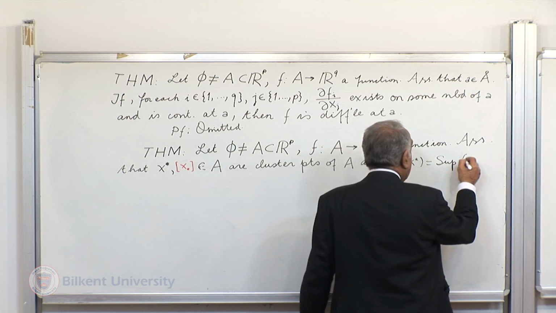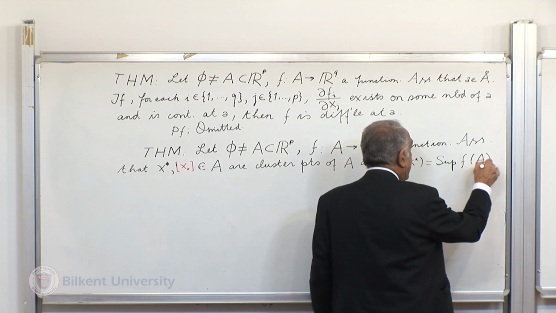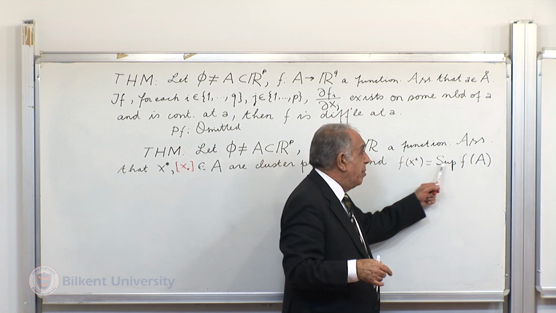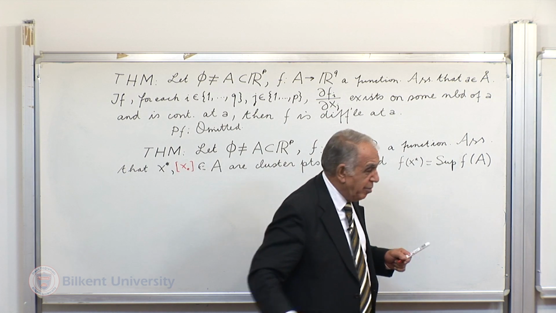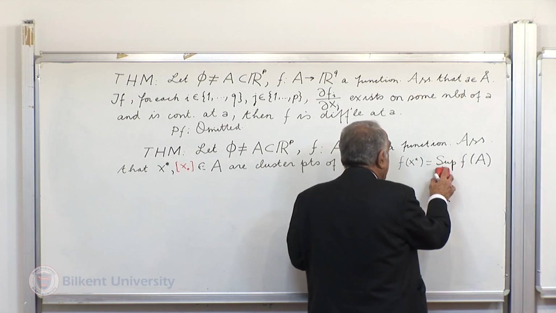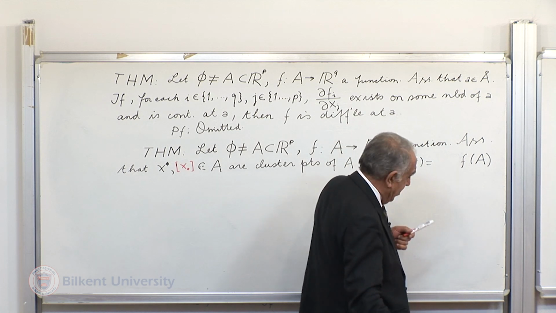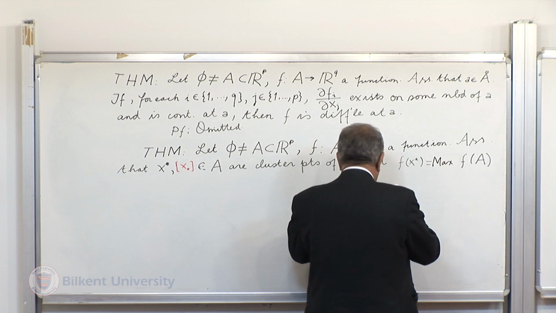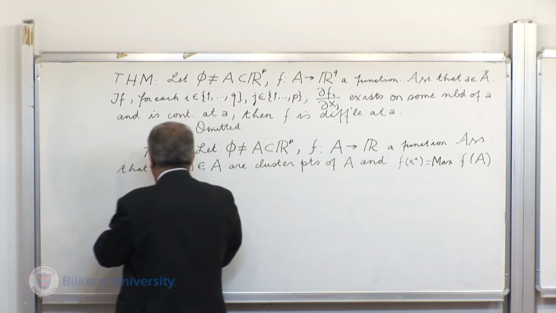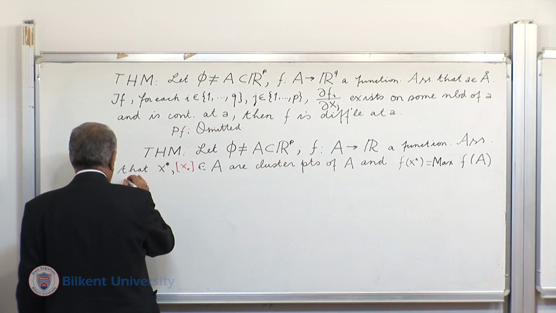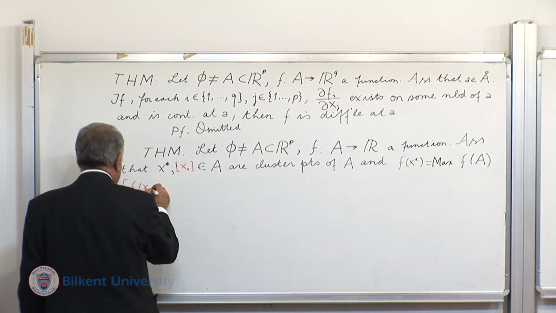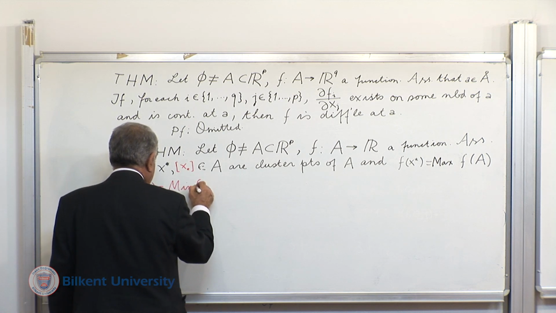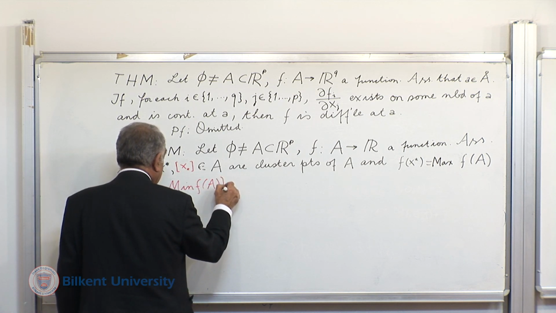If I write supremum of f of A, that's equivalent because f of x star then will be a member of this. Makes no difference, but maybe it's more natural. And f of x lower star will be the minimum of f of A.